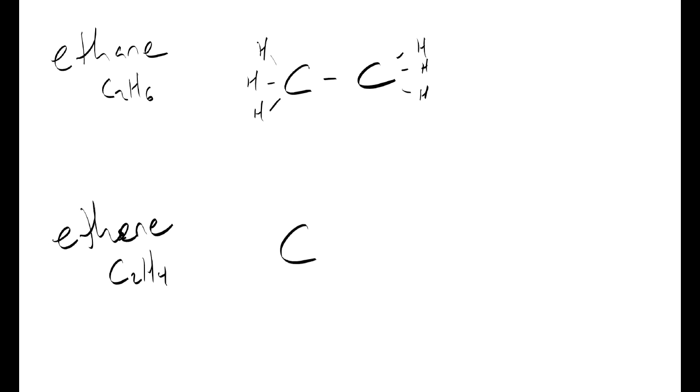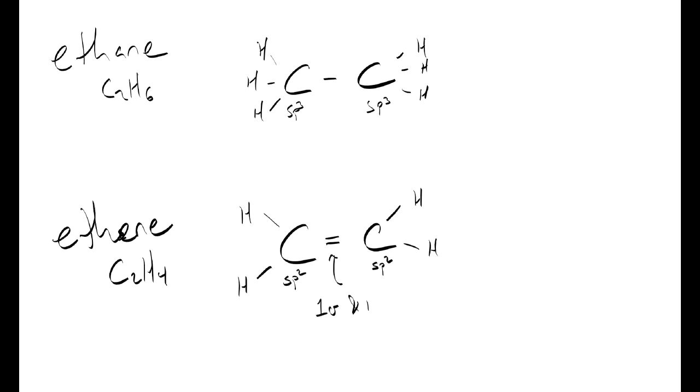And down here we have carbon bound to 2 hydrogens and a double bond to another carbon bound to 2 hydrogens. Okay, so up here, each of these guys is sp3 hybridized. Down here in ethene, they are sp2 hybridized. Okay, and this bond in the middle is a sigma bond and a pi bond.